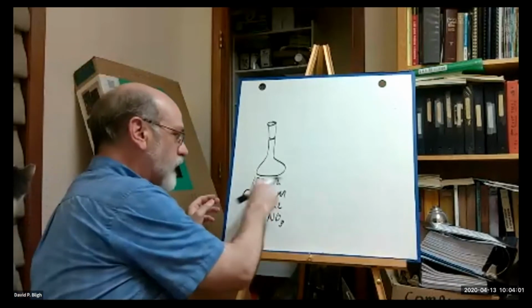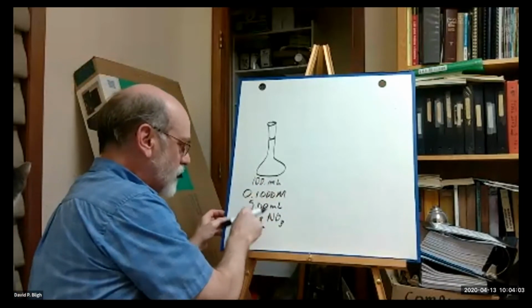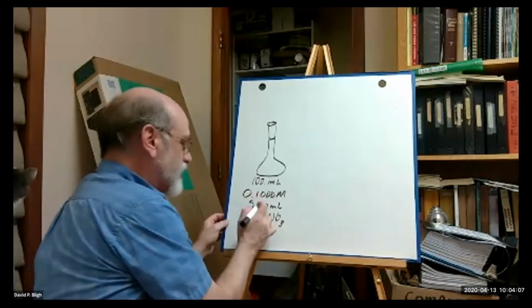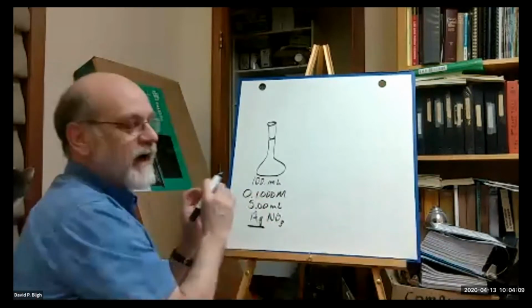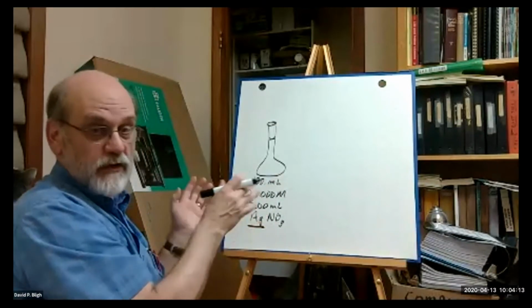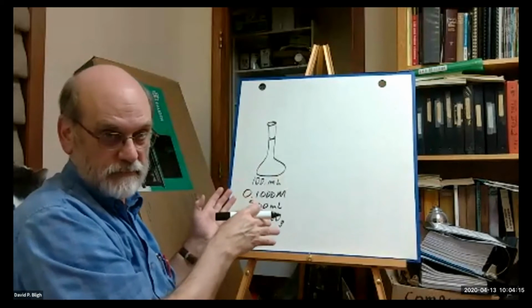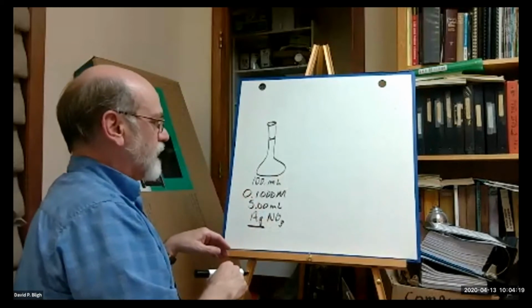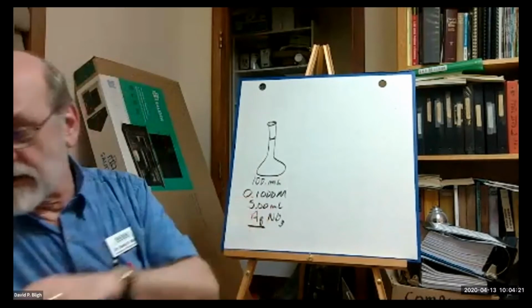So you put 5 mils of silver nitrate in there and dilute it to 100 mils. Then you know the concentration. Right. So that gives you a known concentration of silver.